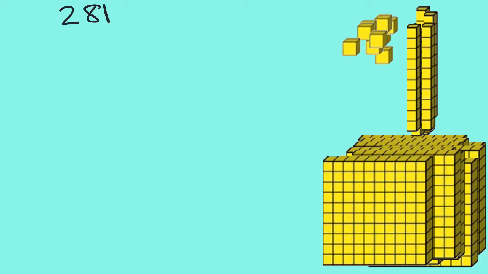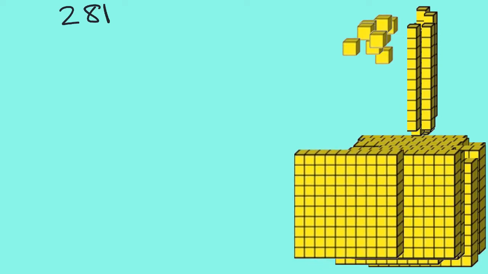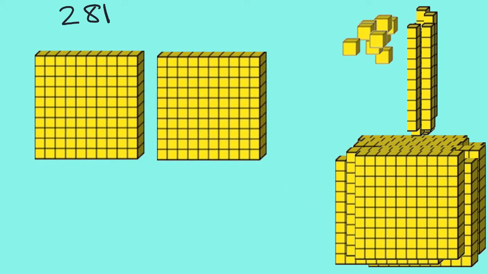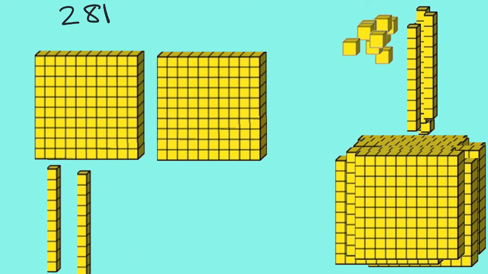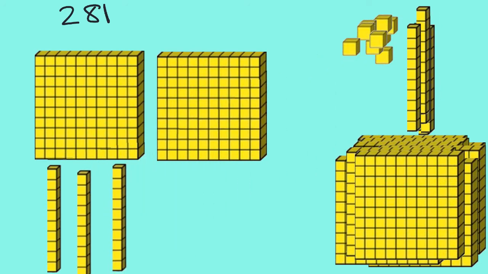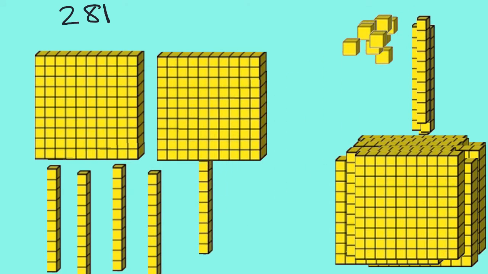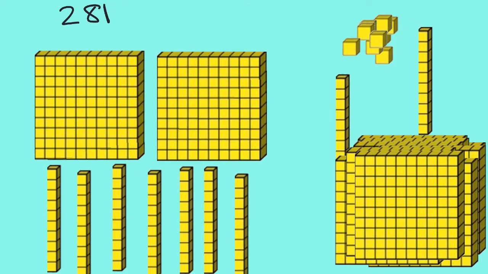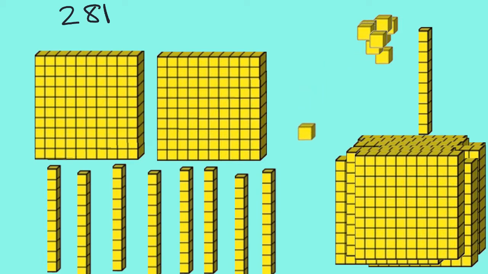So we're going to need two 100 blocks. 1, 2, and we're going to need 8 10 sticks. 1, 2, 3, 4, 5, 6, 7, 8. And we need 1 of the cubes.